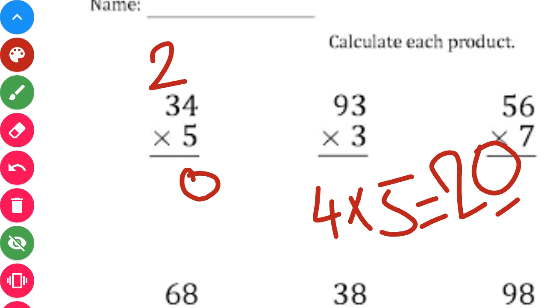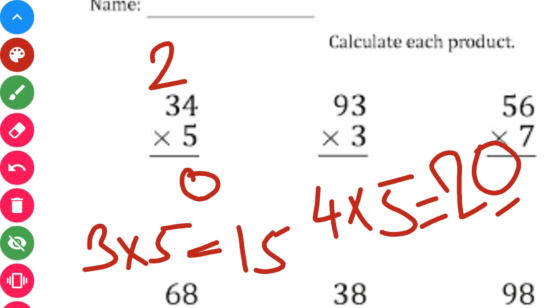Now we have to multiply the tens place number with our multiplier, that is 3 into 5. Now 5 3s are 15. Okay, 15 we have got. And now 15 plus 2, we will get 17.